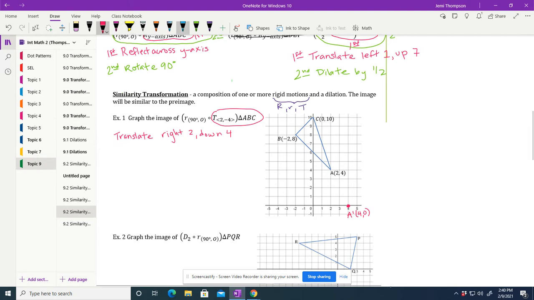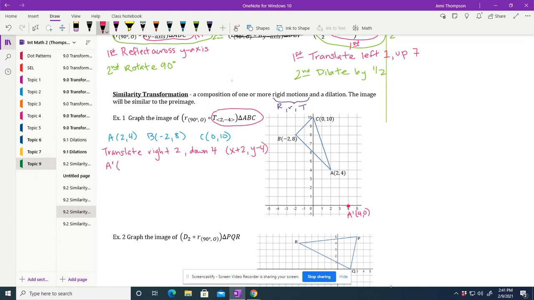Another way to do this would be to take the coordinate and take whatever x is and add 2 and take whatever y is and subtract 4.